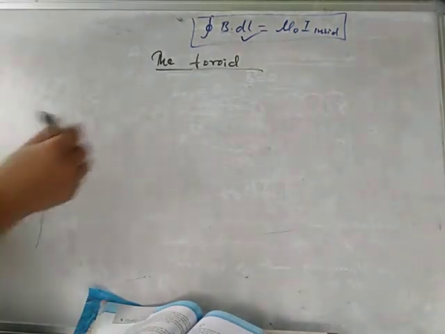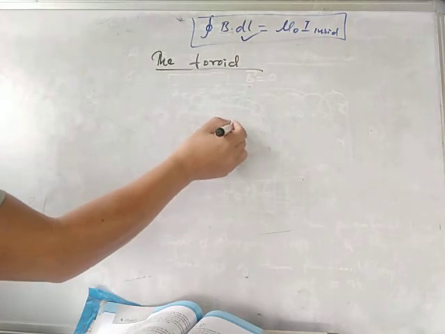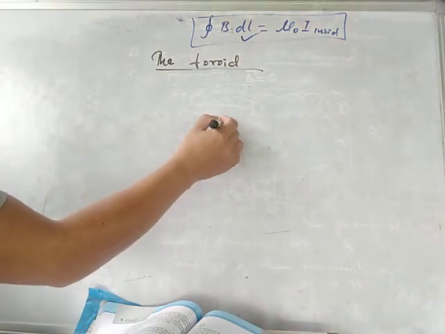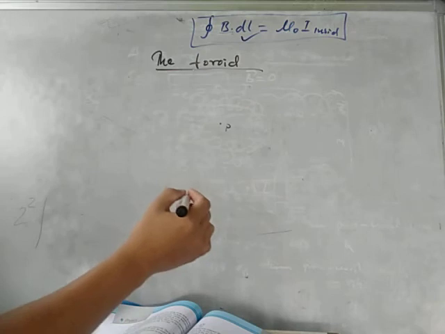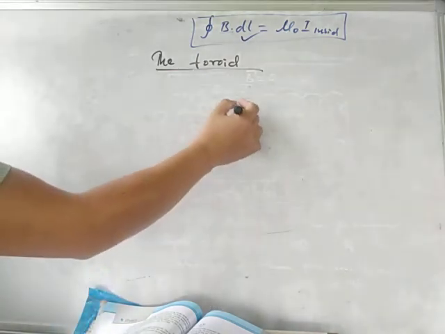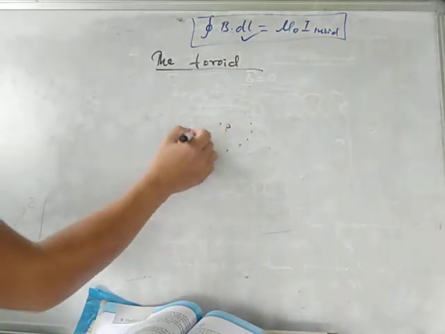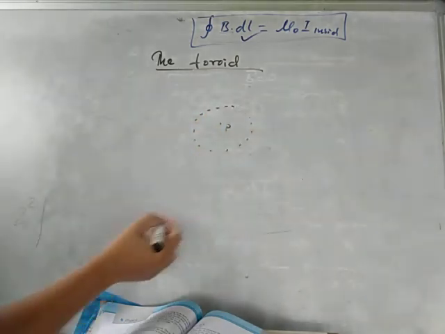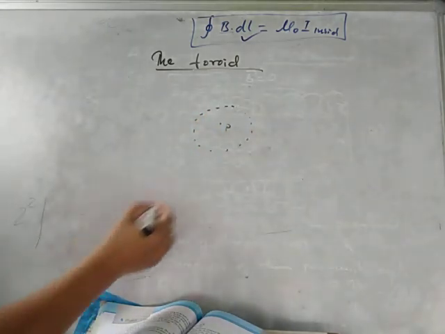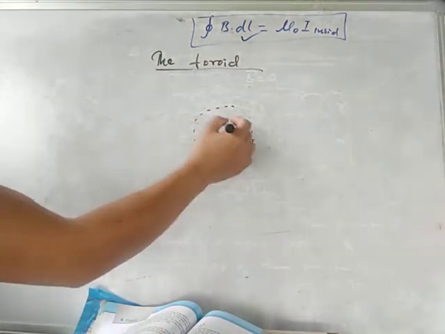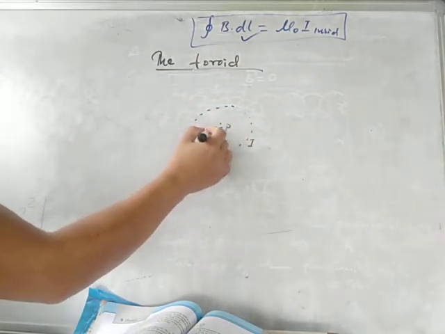See, this is your point P, and this is your loop 1 with radius R1.